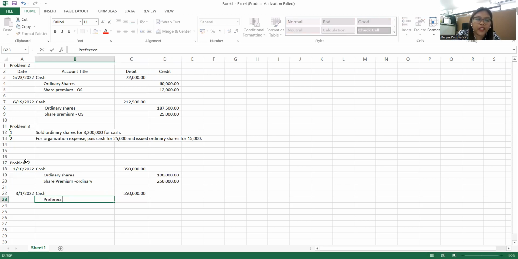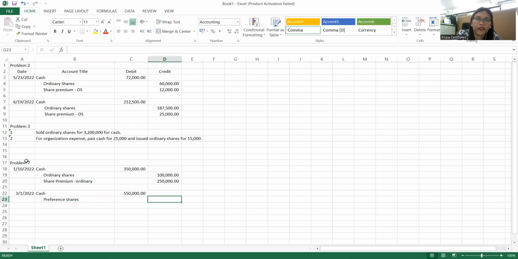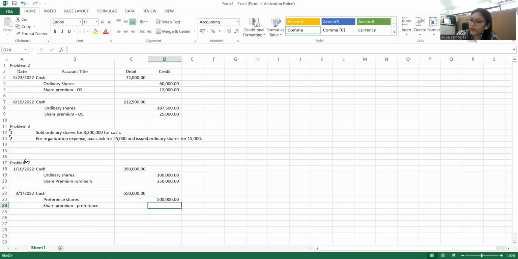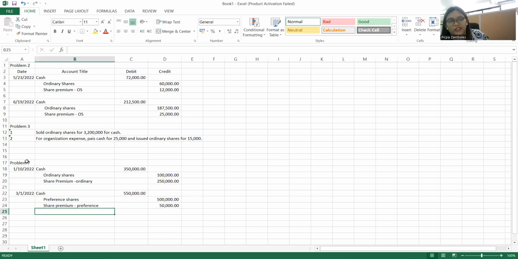Then record it as preference shares. The par value for preference shares is 50 pesos. So it's 10,000 shares multiplied by 50, and that's 500,000. And there is already an excess also, no? We have an excess of how much? Share premium, preference, 50,000. During our time, it was called preferred stock, no? Now it's preference share.